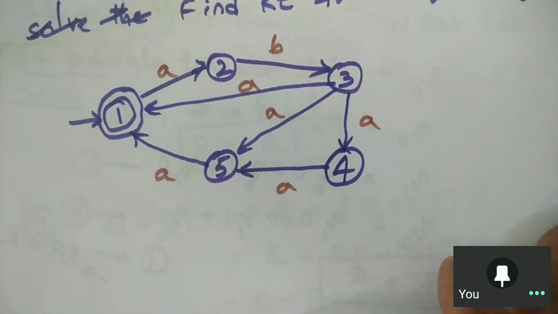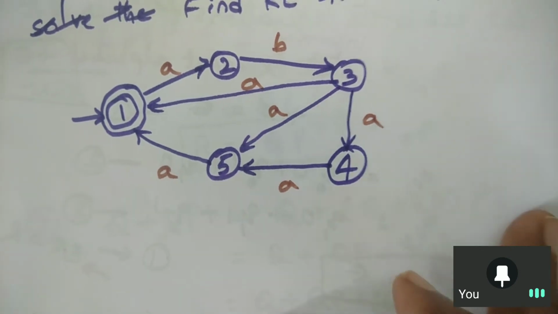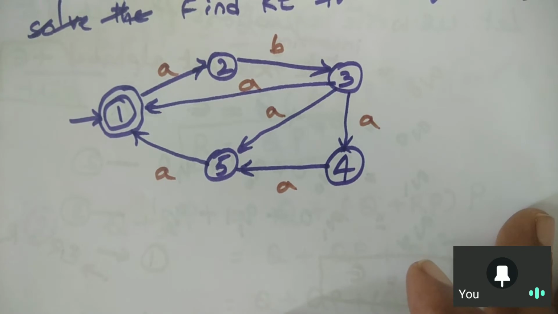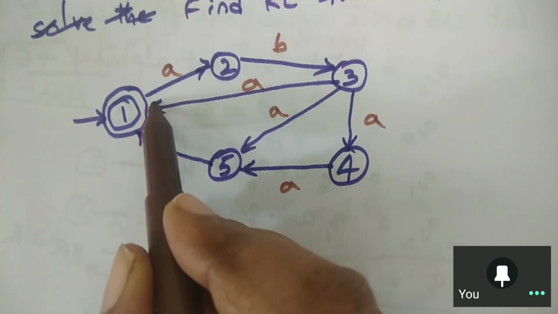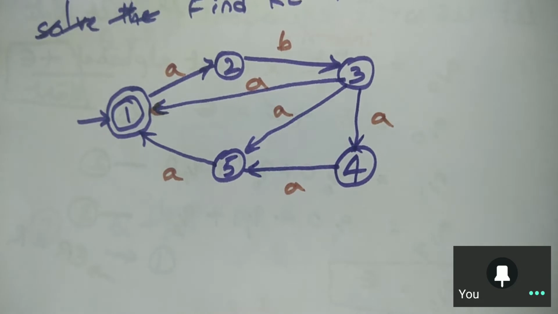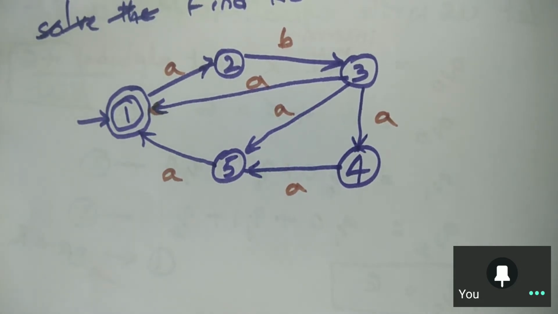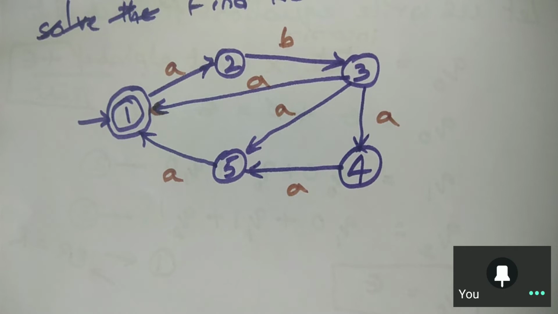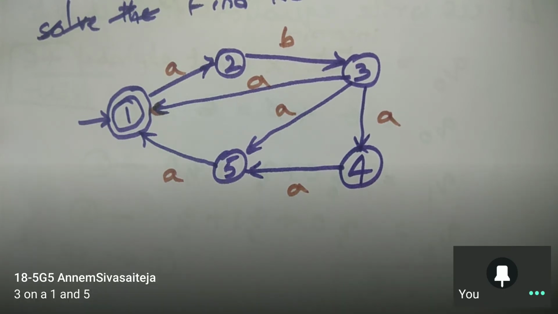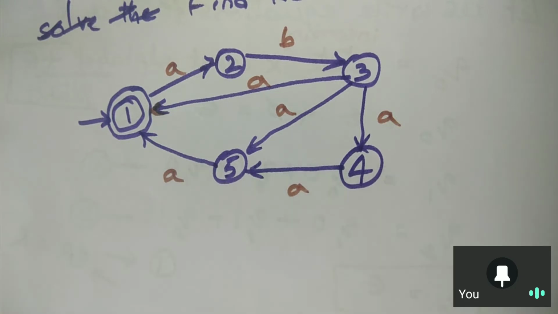Yes, so now can you tell how can I call this an NFA? Why are we calling this an NFA? Why not a DFA? State 3 on A is going to 1, 5 as well as to 4.